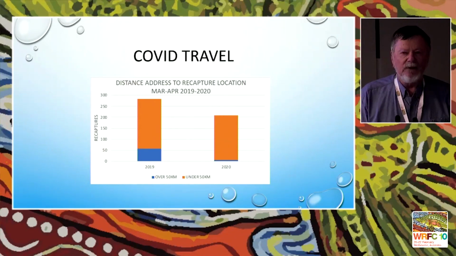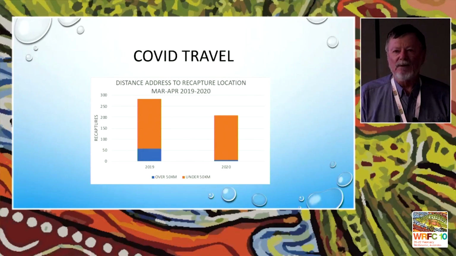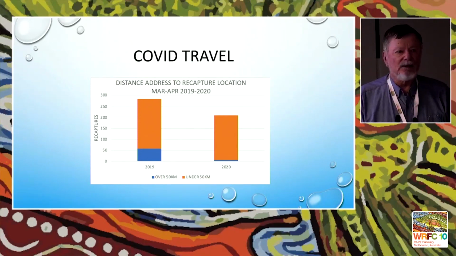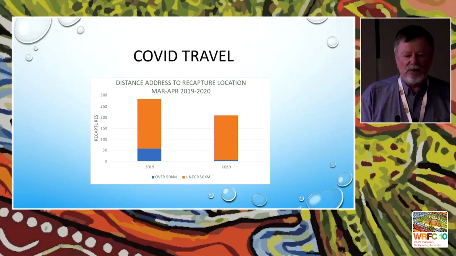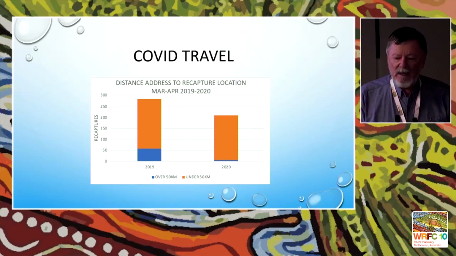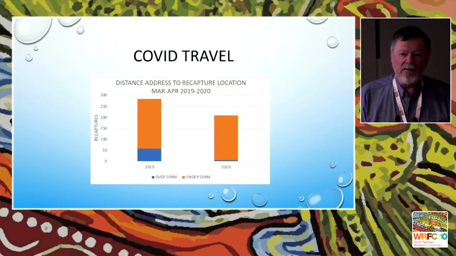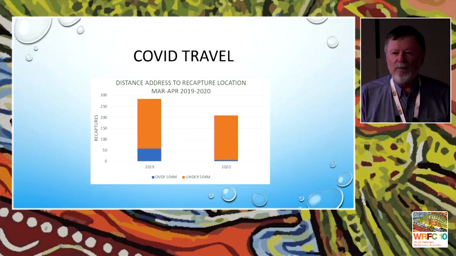There was a 50-kilometre travel limit imposed for 2 months, March and April in 2020. So we looked at whether we could detect any effects of COVID on the fishers. We compared data from March and April in 2019 with the data from March and April in 2020.